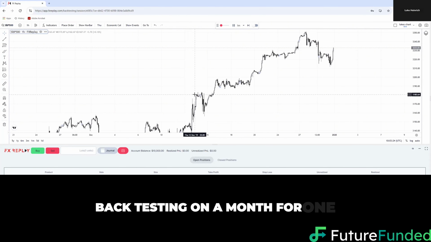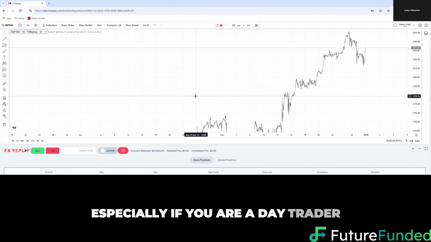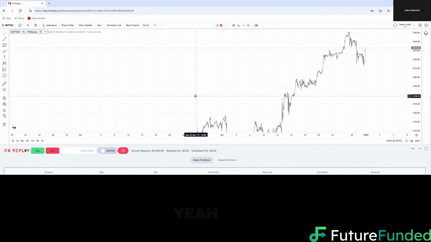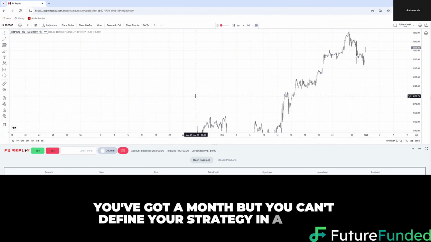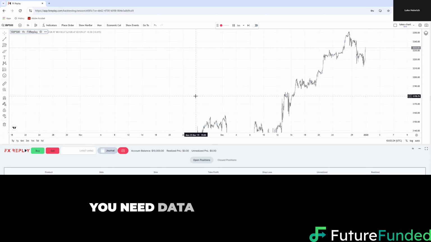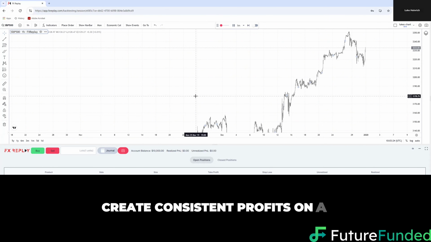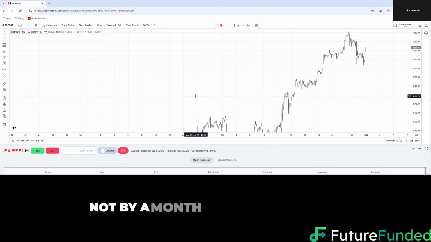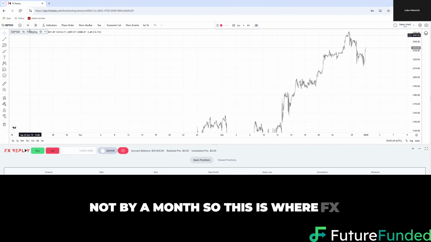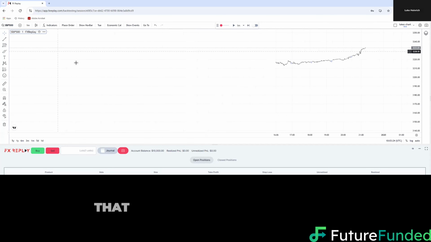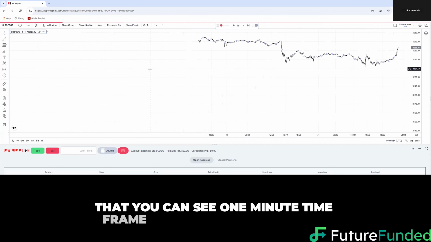If you are a day trader, let's be honest, that's quite useless. You can't define your strategy in a month. You need data backdating a year, 2 years, 3 years. You need to know that you can create consistent profits on a year by year basis, not by a month. So this is where FX Replay really comes in handy. Look, you can see the 1 minute time frame all here for you.